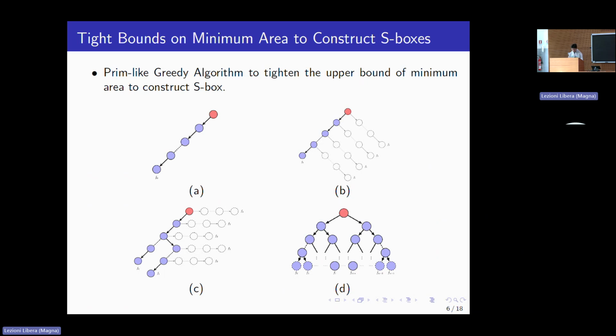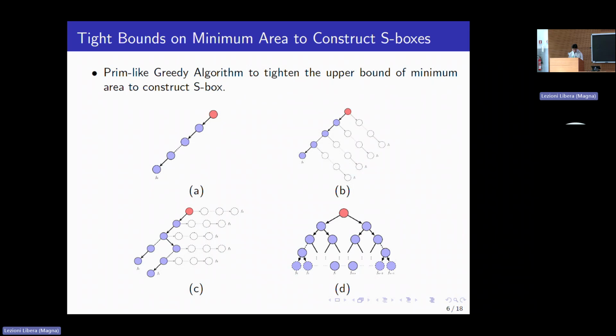First, we use area as the objective function and iteratively add edges and vertices to the connected graph to construct the first Boolean function. Then, based on the existing connected graph, you can see in picture B, we continue to add edges and nodes with the goal of minimizing area until the second Boolean function is constructed.